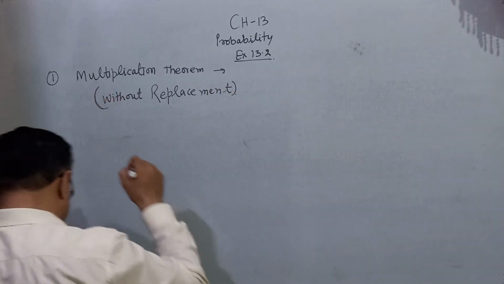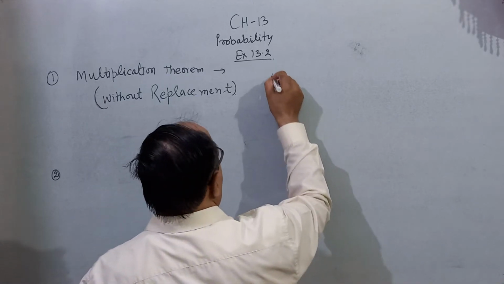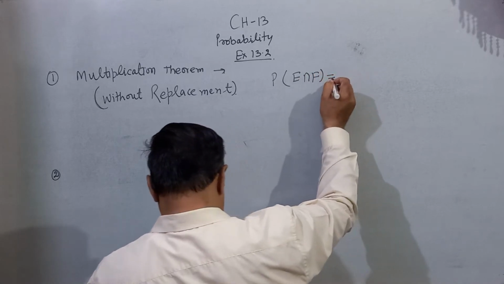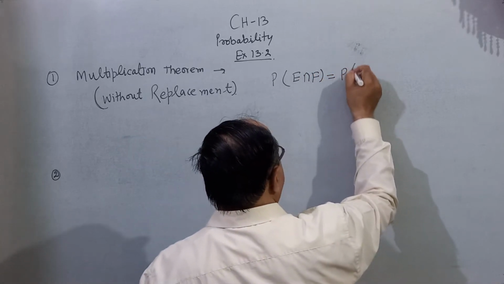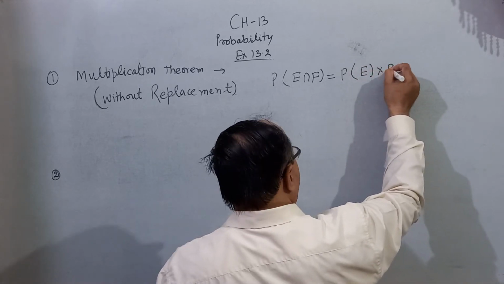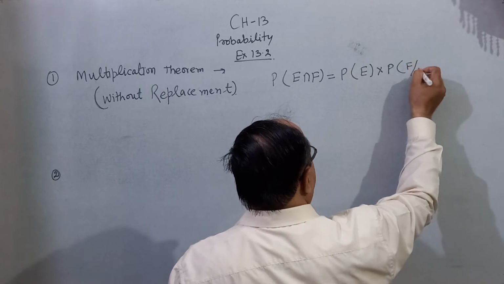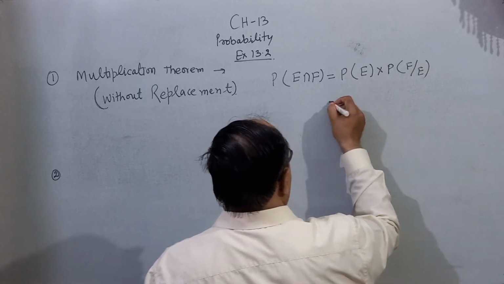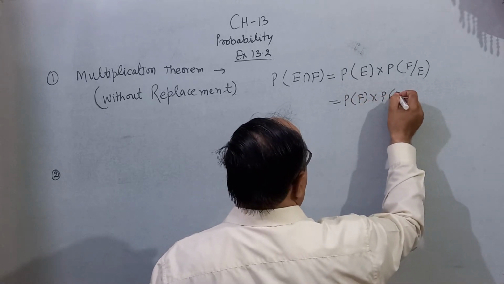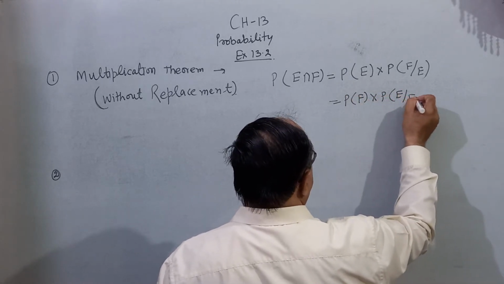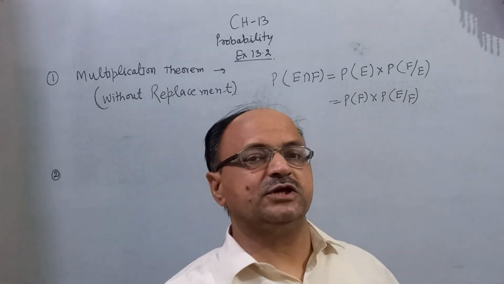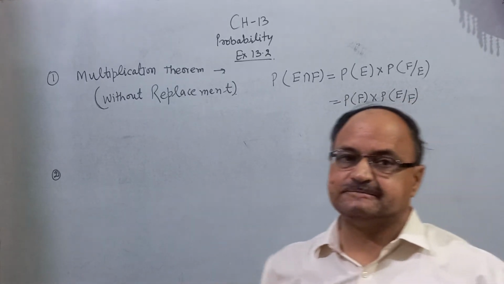And the formula for this: probability of E intersection F is equal to probability of E into probability of F by E, or you can say the probability of F into probability of E by F. This is called multiplication theorem, and we apply multiplication theorem for without replacement cases.